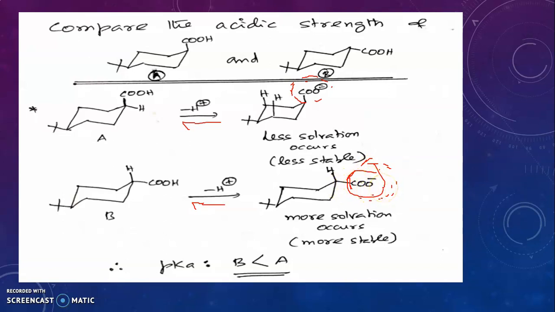Therefore, this conformation is more stable. So this carboxylate ion is more stable. So the trans acid is more acidic compared to the cis acid. More acidic means lower pKa, right? So the pKa of B is less compared to A. Are you clear? Next.